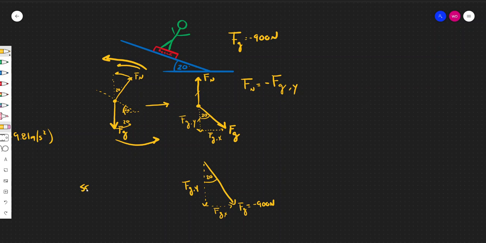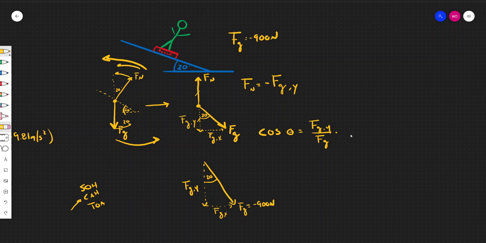So if I'm using SOHCAHTOA, I want the one that has adjacent in it, and that is cosine. I would say cosine of the angle is equal to adjacent, which is Fgy, divided by the hypotenuse, which is the resultant, the force of gravity.